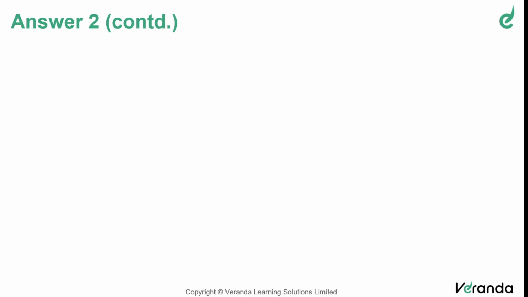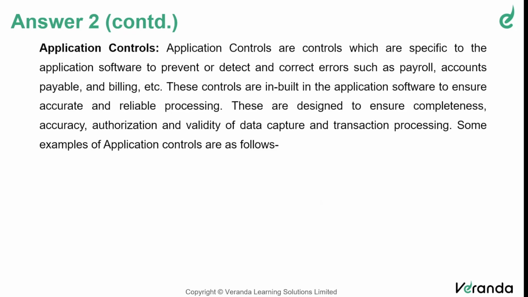So we finished the first part, which is the information technology general controls, right? Now we're going on to the second part, which is information technology application controls. Like we discussed, it's relevant to certain applications, not to everything like general controls. Read the first line: specific to the application software to prevent, detect and correct errors, PDC.